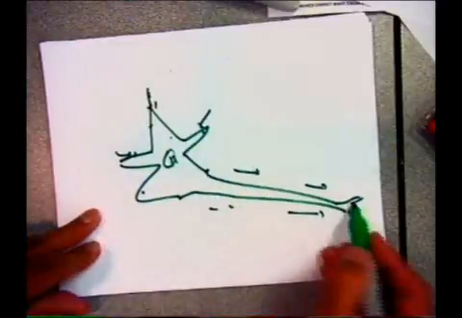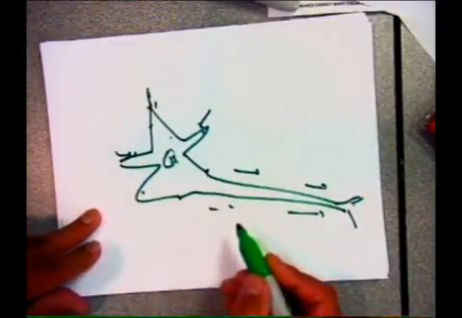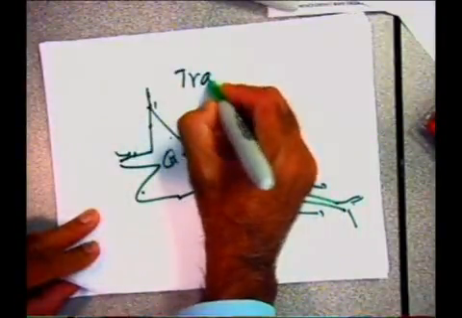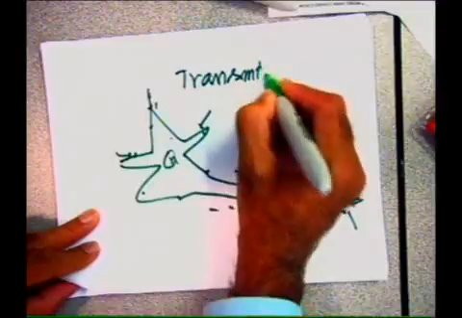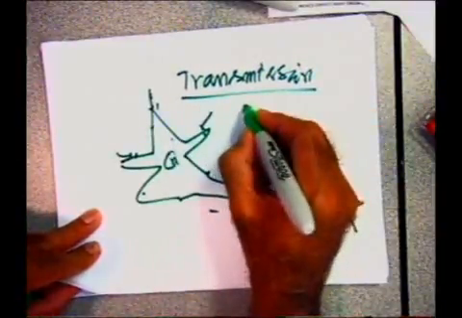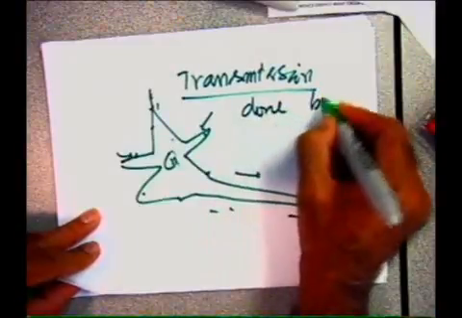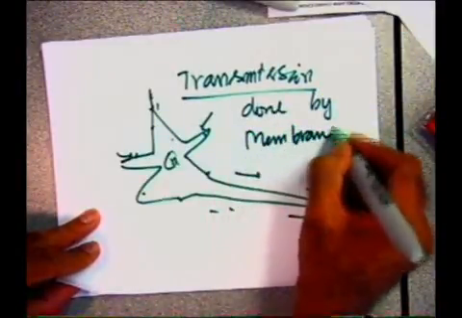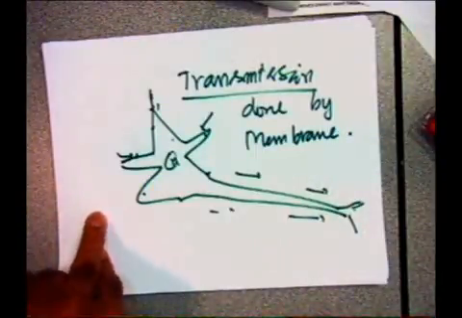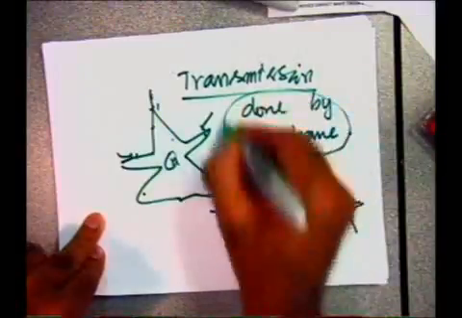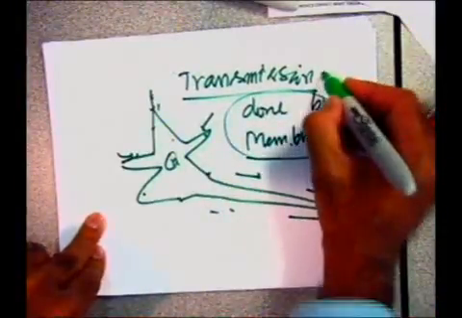When I say transmit, which part of the cell does this function? The transmission of the message is done exclusively by the plasma membrane, the plasmalemma, which is a covering on that cell. So it does this function, transmission of message.